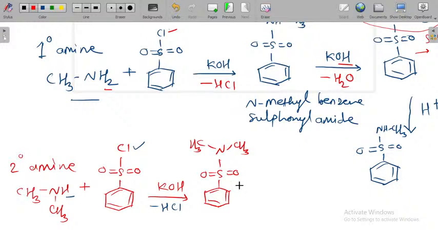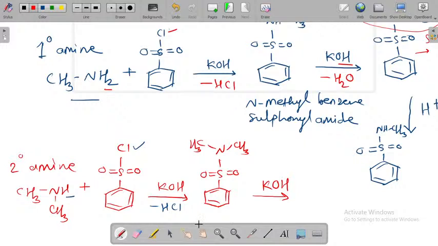This, on reaction, again, if you see the primary amine, we have reacted this particular compound with 2 times KOH. So one time we have given this HCl as a byproduct. Again, if you try to react this with KOH, now this is the point of difference.